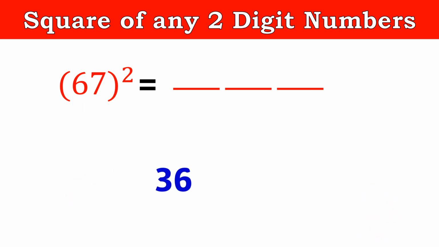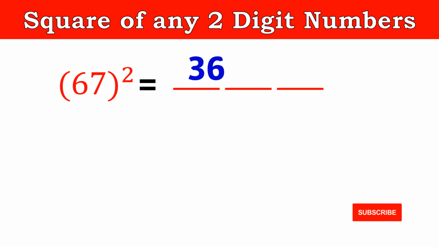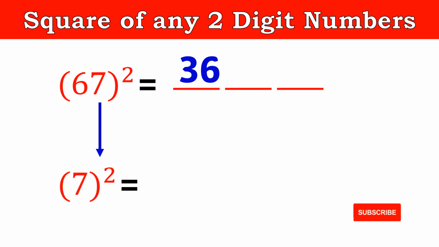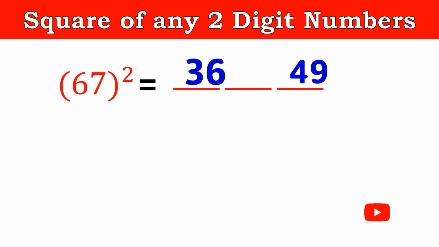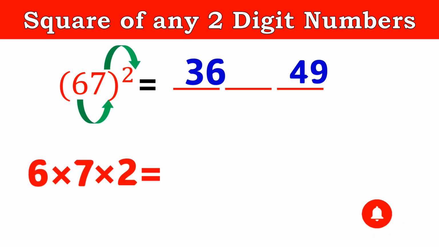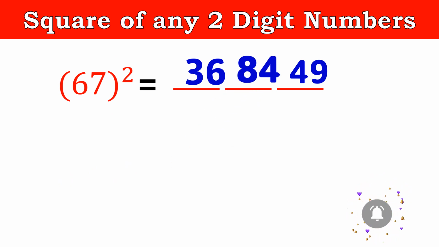The last part is the square of 7, 49. And so, this is what we have so far. Now, the middle part is 6 times 7 times 2. 6 times 7 is 42, times 2 is 84. And so, now you have your three parts. So let's calculate the answer to this problem.